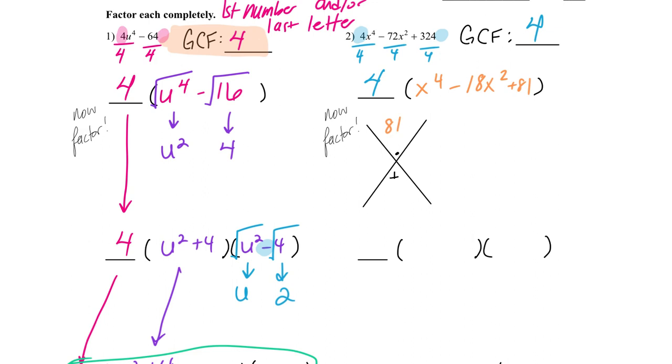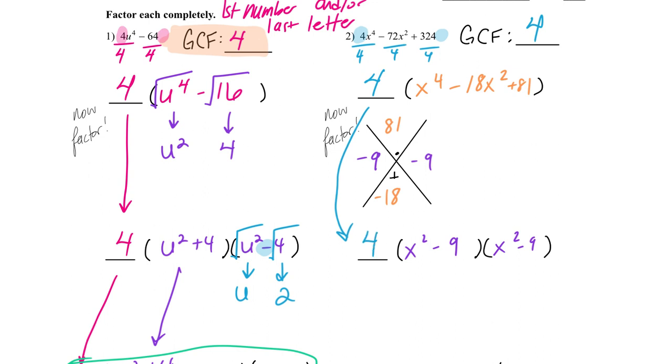So 81 in the top, negative 18 in the bottom. Factors of 81 that add up to negative 18 are negative 9 and negative 9. So I get x squared minus 9, x squared minus 9, and I bring down my 4.